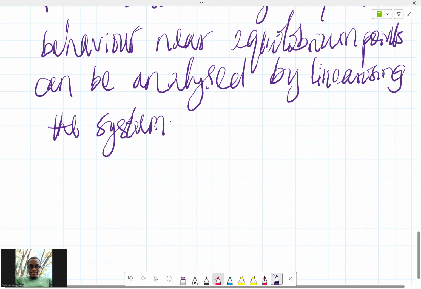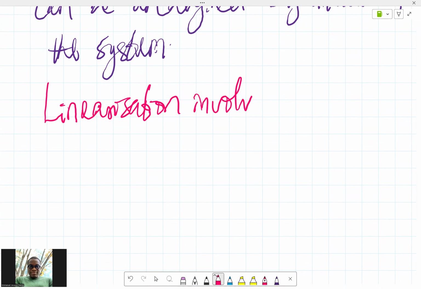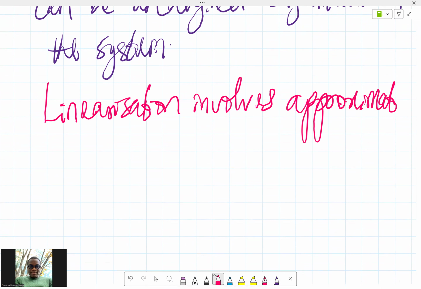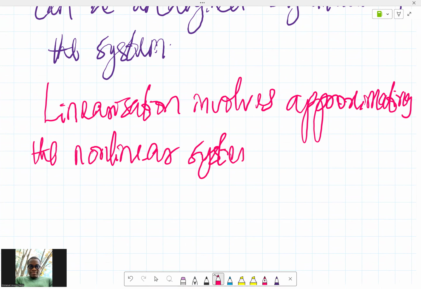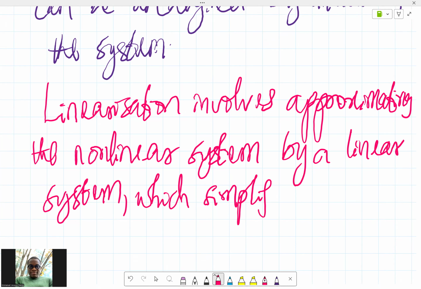And what that simply means is this: linearization involves approximating the nonlinear system. You approximate the nonlinear system by a linear system, which simplifies the analysis.